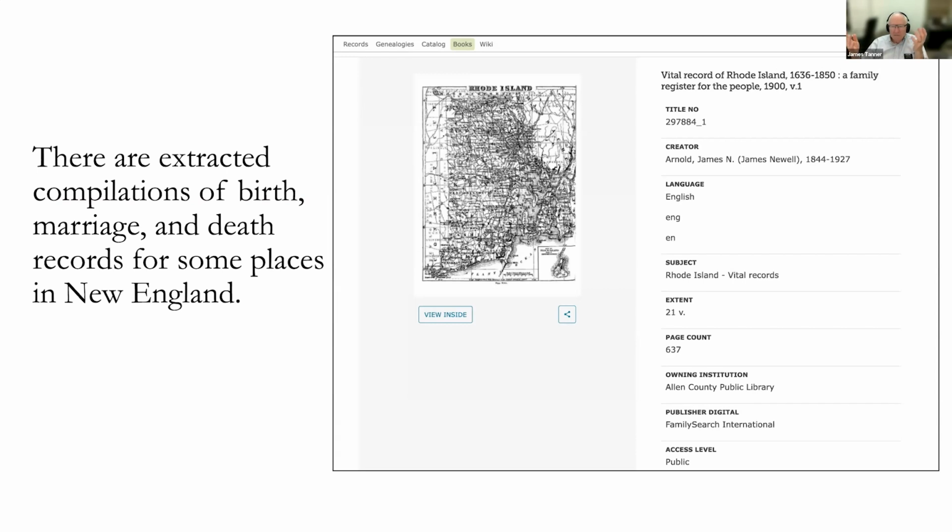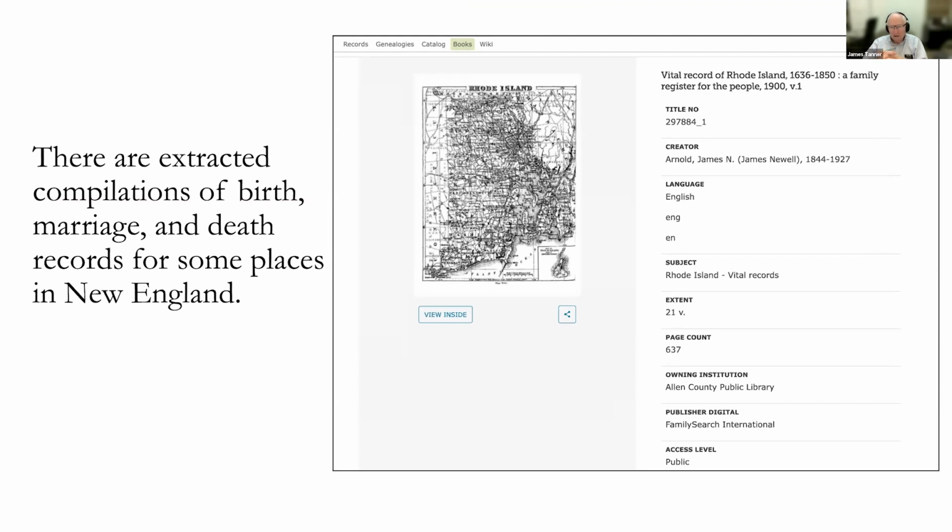So there are some places like Rhode Island and Massachusetts and other places, there are extracted compilations of the early birth and vital records, records that were generated by various individuals. And one of the largest collections, especially for Rhode Island, is by a man by the name of James Arnold, the Arnold records.